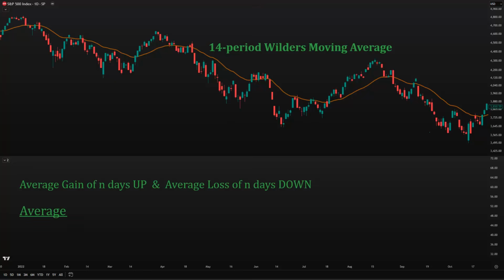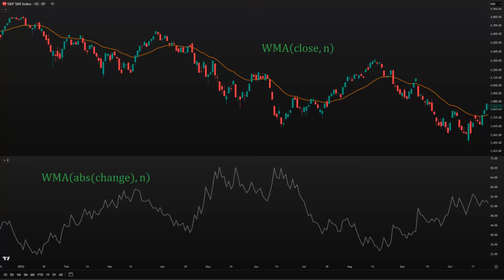We'll simplify things. We'll calculate the average close-to-close change instead. We'll use absolute values, so the result is always positive. And once again, we'll apply Wilder's smoothing. What we get is a unit of volatility for the chosen look-back period at a given point in time.